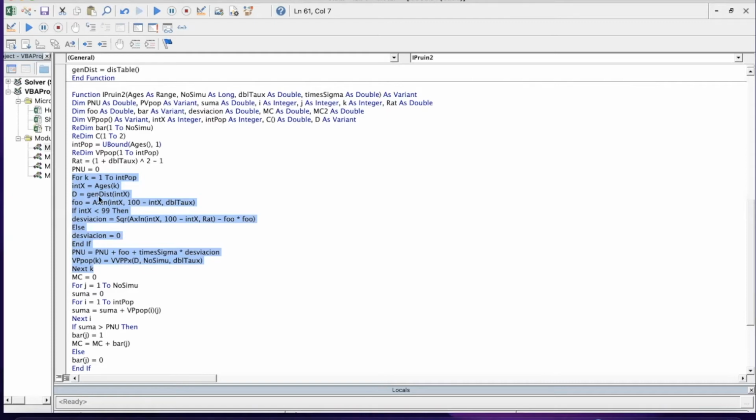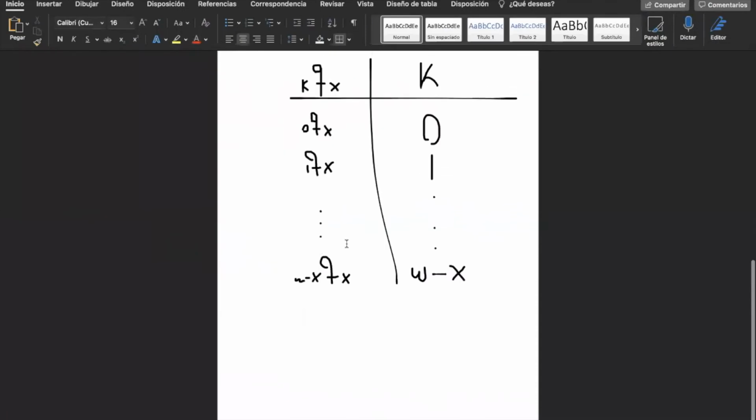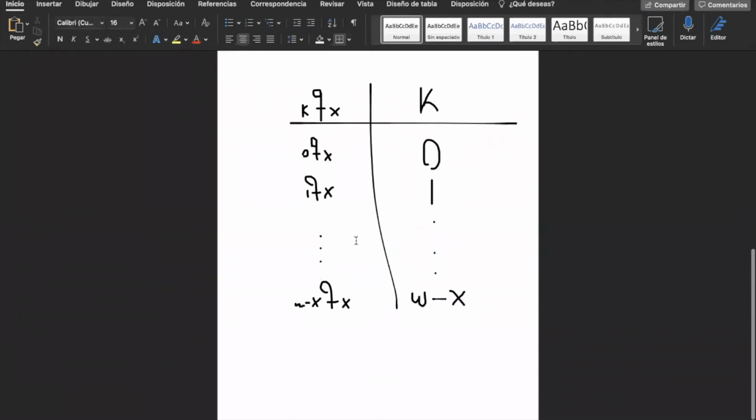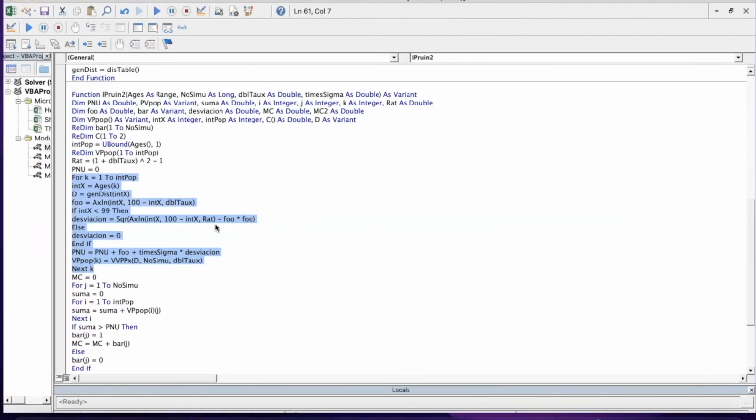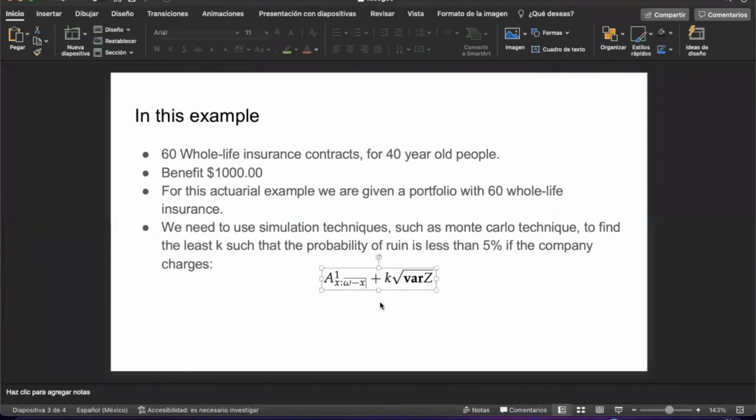Then we're going to generate a distribution table with the probability that the person with this age dies in the next k years. We generate a table that looks something like this with all these probabilities. Now, in this exercise, we are calculating a premium that is the actuarial present value plus k times the sigma.